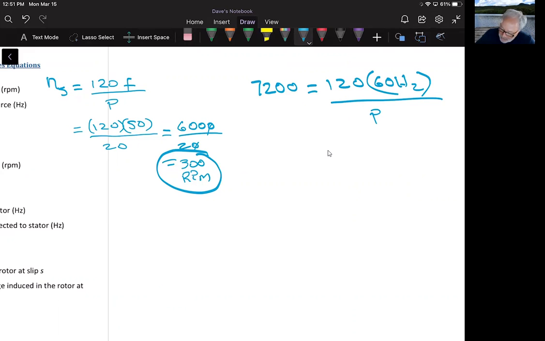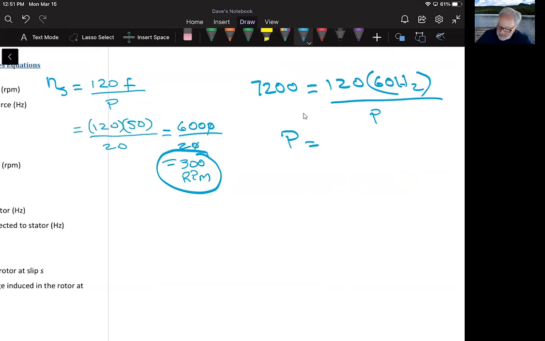So for a problem like that, we're going to solve for poles: multiply both sides by P, and divide both sides by 7,200, and we could get an answer that way. It depends on what they're asking for. Sometimes you might calculate the F, but of course you'll be given all of the values that you need to be able to calculate a particular value.